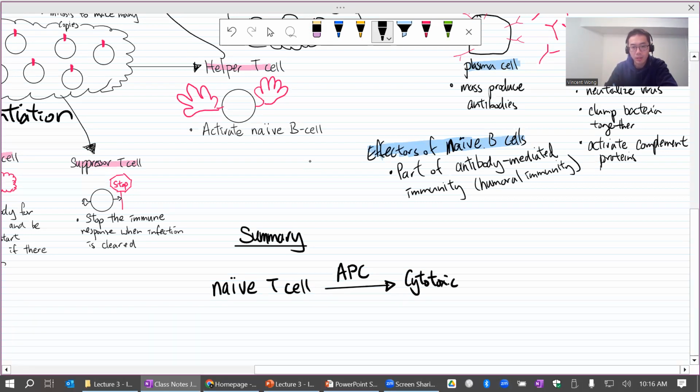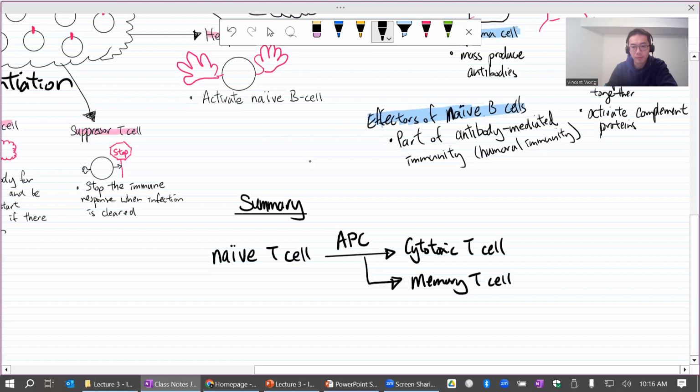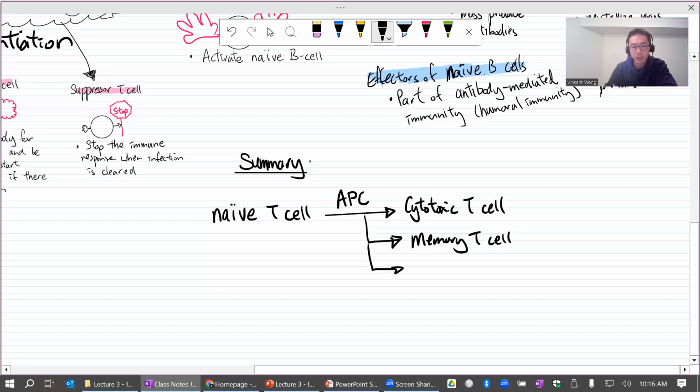The cytotoxic T cell. You will get the memory T cell. You will get the suppressor T cell. And you will get the helper T cell.